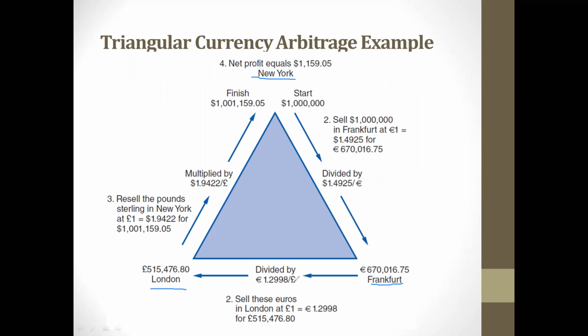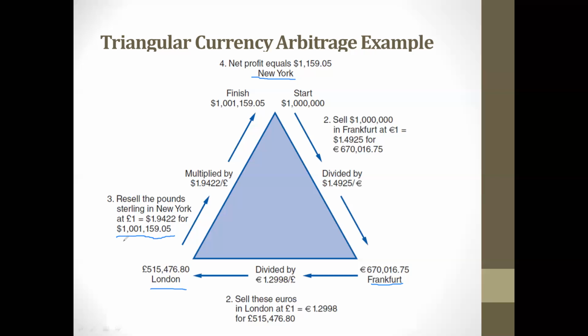Then taking that 670,000 euro into the London market, he can now convert the euro into pounds. How many pounds will he receive for 670,000 euro? He will receive 515,000 pounds in the London market. Now he can take those 515,000 pounds to the New York market again and convert them into dollars. If he converts the 515,000 pounds into dollars, he ends up with more than a million dollars.